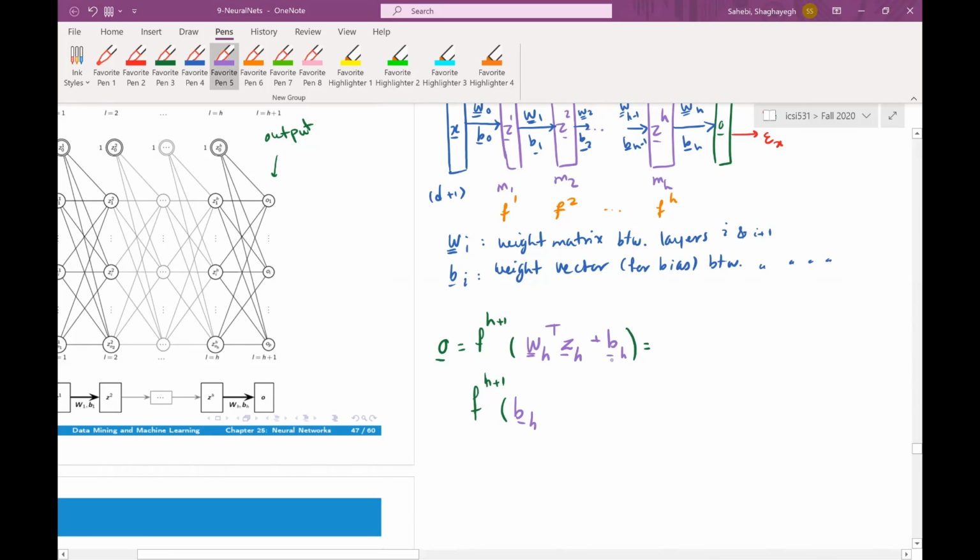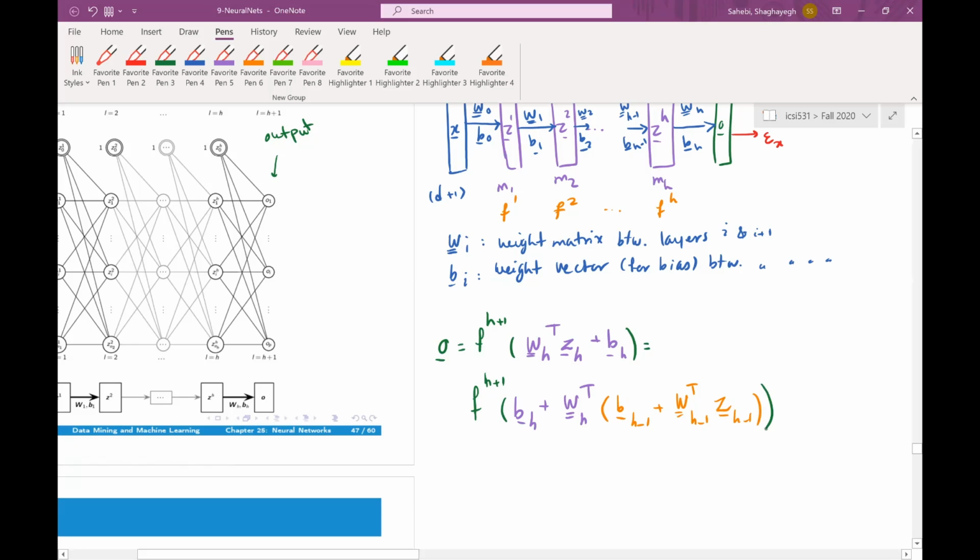It's going to be B_H plus W_H transpose. Now, instead of Z_H, I can rewrite Z_H as B_{H-1} plus W_{H-1} transpose Z_{H-1}, right?